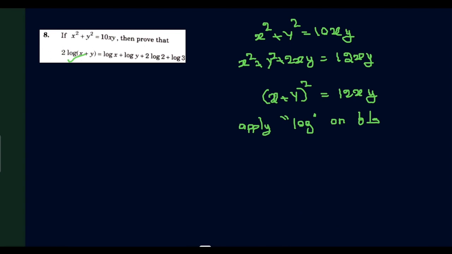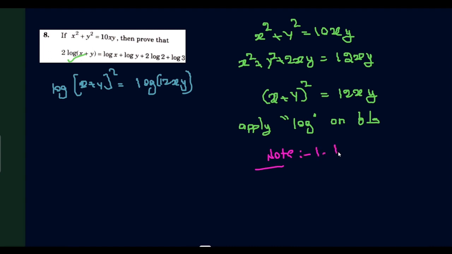So if you apply the log function here, then log of x plus y whole square is equal to log of 12xy. Now, to solve this, you need to know some formulas. Note these.